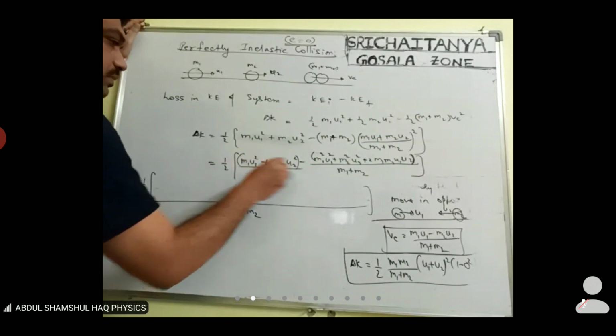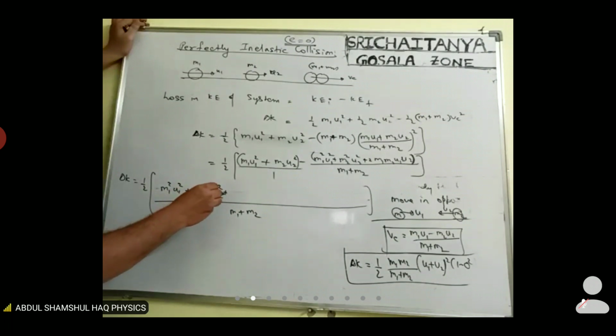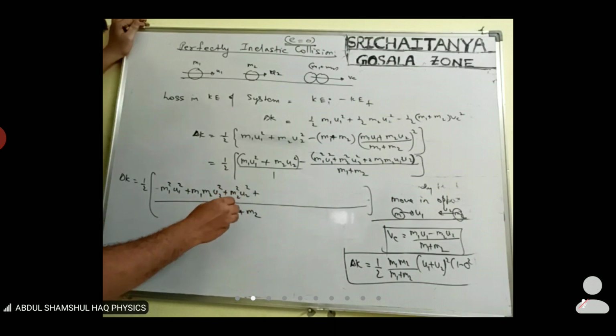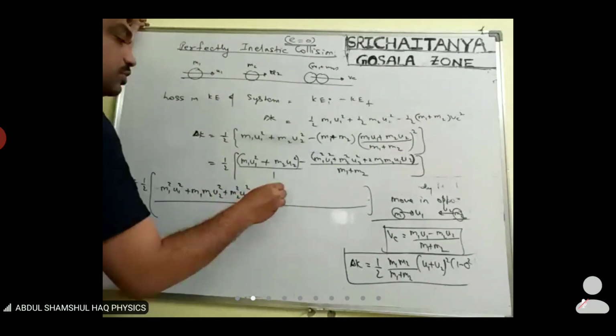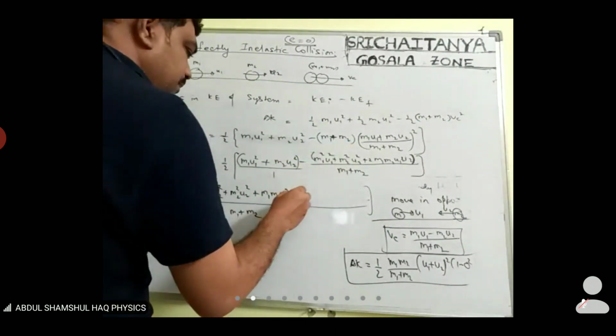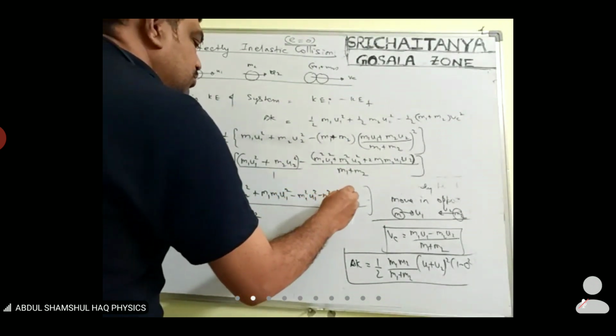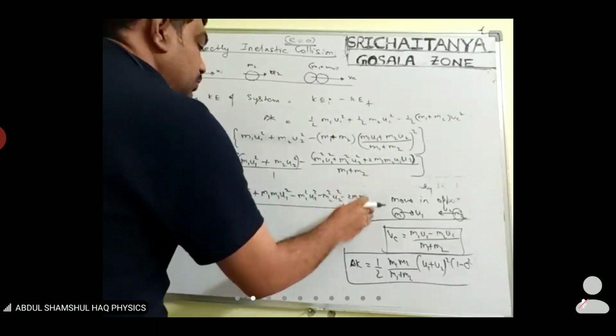Multiply this part here, plus m1 m2 into u1 square. I expand this term now: m1 square u1 square, m2 square u2 square, minus 2 m1 m2 u1 u2.